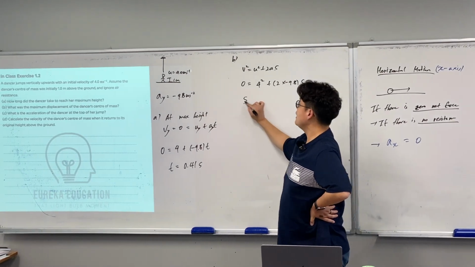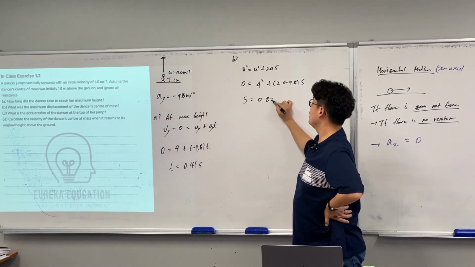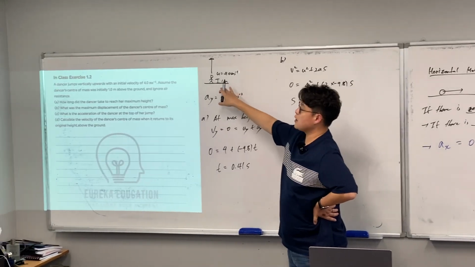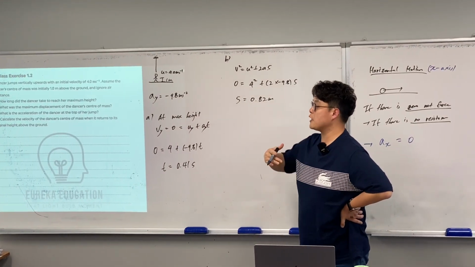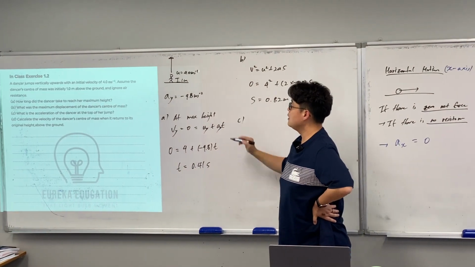Then you get s, the displacement, would be 0.82 meters upwards, which means the center of mass starts from 1 meter. The displacement would be only 0.82 from the starting position to the final position in that case.